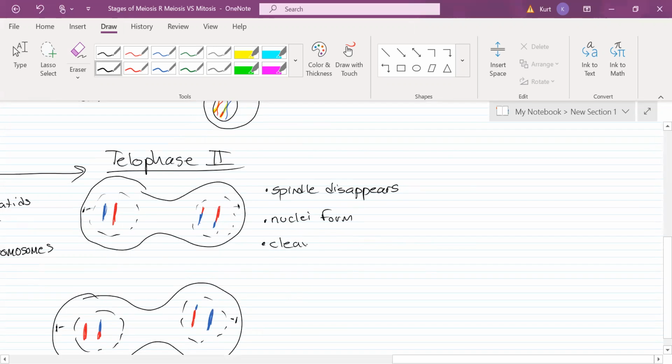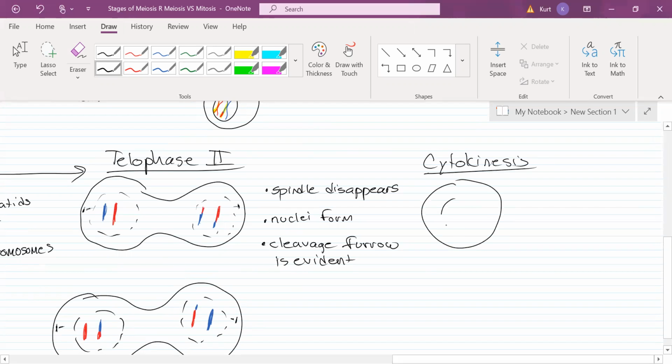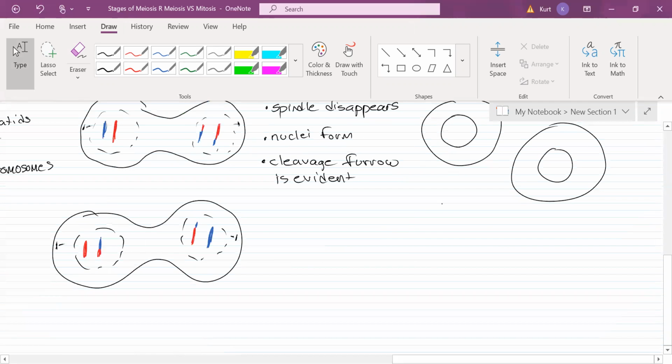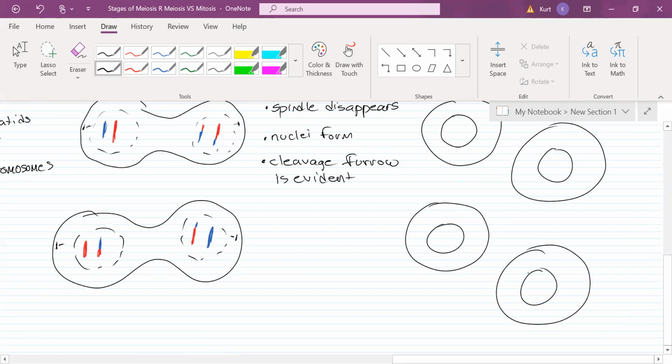Cleavage furrow is evident or visible. Then finally, in cytokinesis, you have 4 haploid daughter cells.